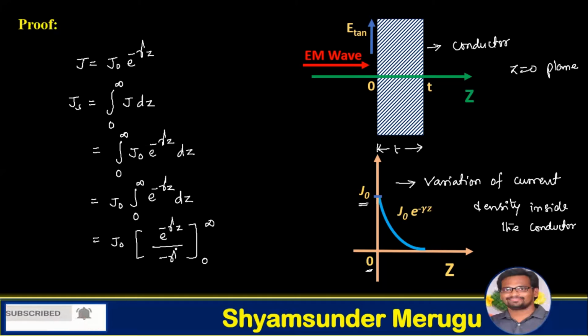Let us substitute these limits so that we get Js equals J0 times, substituting the upper limit, e power minus gamma infinity minus e power minus gamma 0, divided by minus gamma.